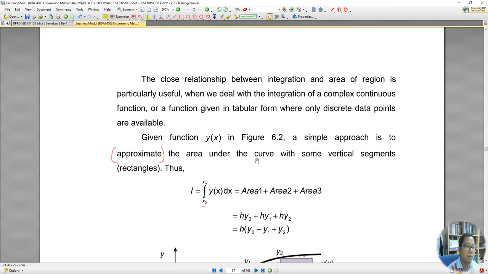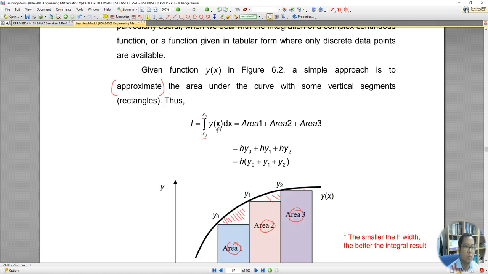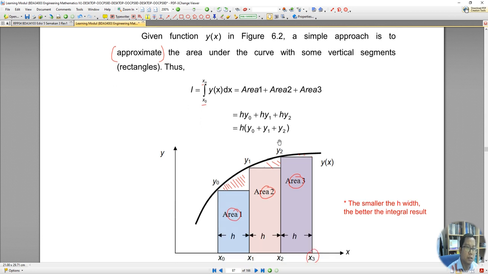This is the first step. Given the function y(x), a simple approach is to approximate the area under the curve with some vertical rectangular segments. We do a summation of the total between area 1, area 2, and area 3.